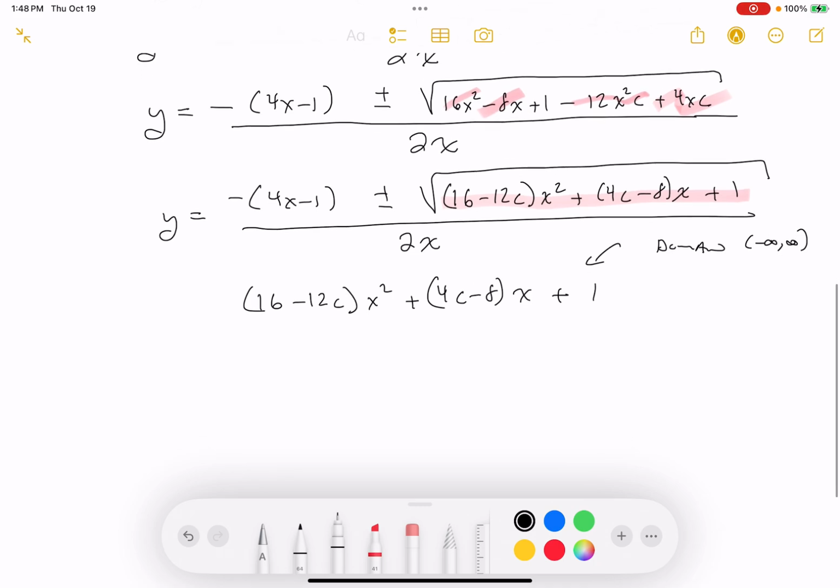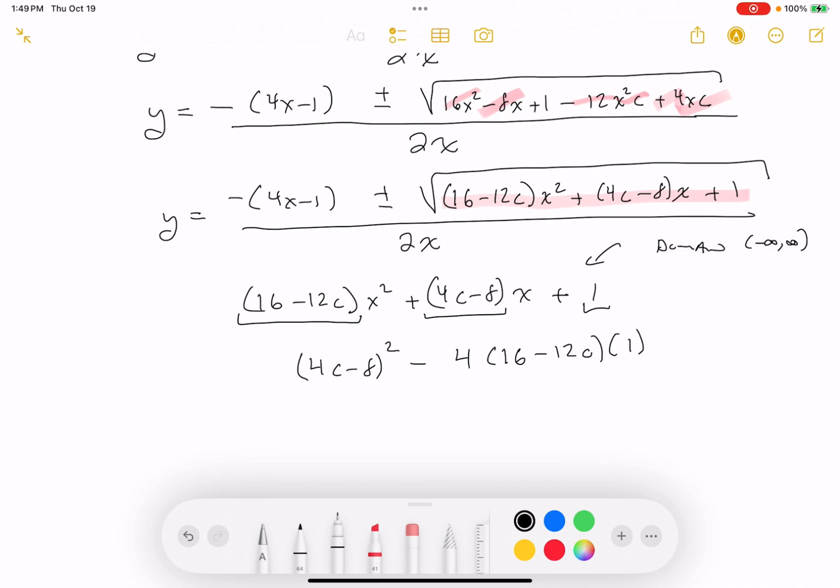It seems like an endless quadratic, doesn't it? So the discriminant of this thing is going to be that thing squared, then minus 4 times this thing, times the C, which is 1.